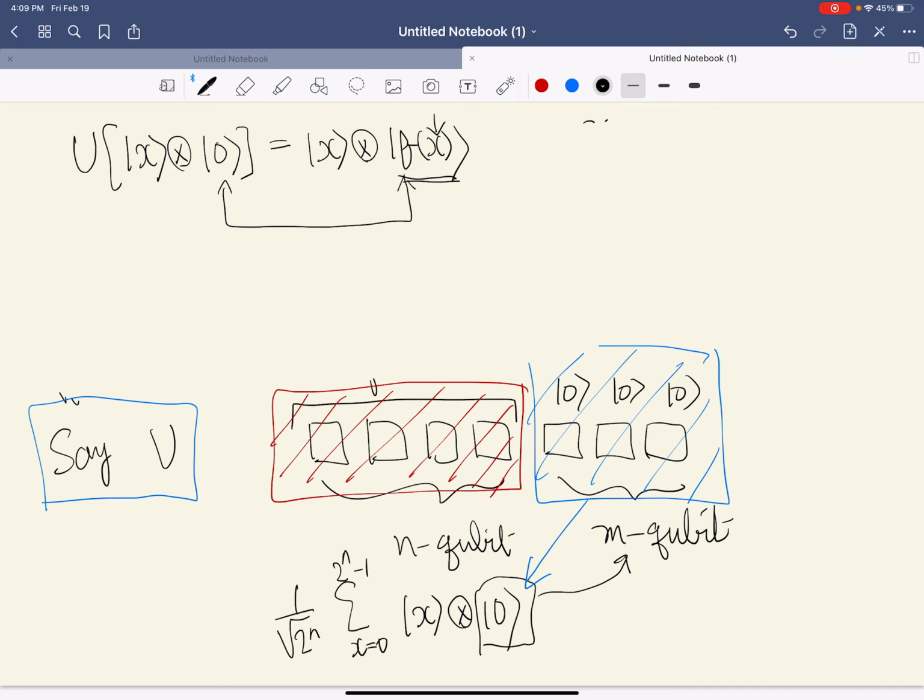Okay, so this operation is literally computing the functional value of f of x. And this is not a trivial thing when you have an exponentially large number of possible inputs, exponentially large number of choices.